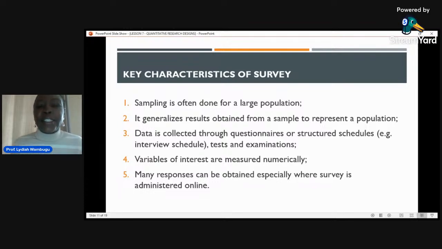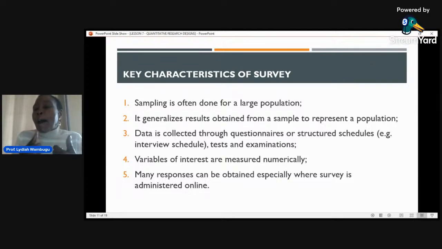Some of the characteristics of survey. Number one, sampling is often done for a large population. And remember, central limit theorem. So a sample of 30 plus. So when we are using survey, it must be a sample that is drawn from a large population. And I know in research, we need to have a clear definition of the word. When I say large, what is large?